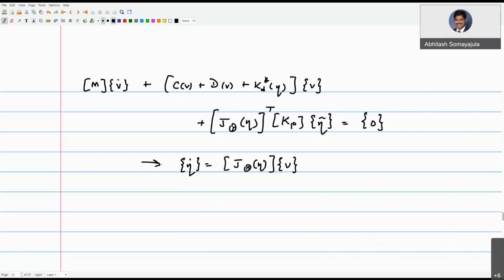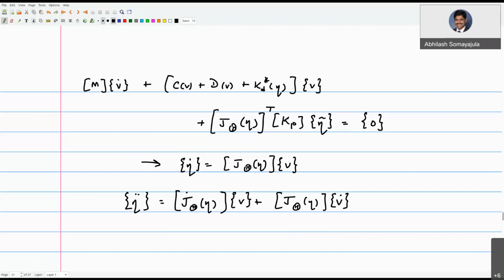If I differentiate with respect to time, I'll get eta double dot, and that will be equal to J dot theta times v plus J of theta times v dot. Everybody with me so far?